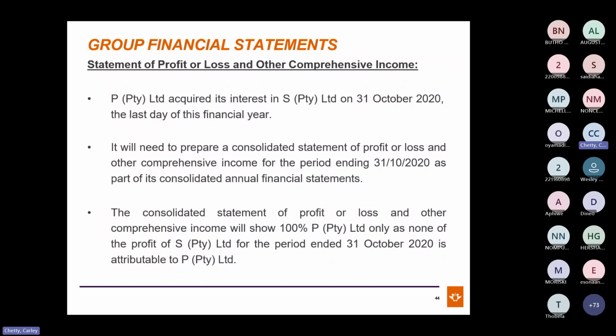The consolidated statement of profit or loss and other comprehensive income will only show 100% of P. And the reason is that it was acquired on the last day of the financial year. Therefore, no profits from S will be included in the consolidated financial statements.